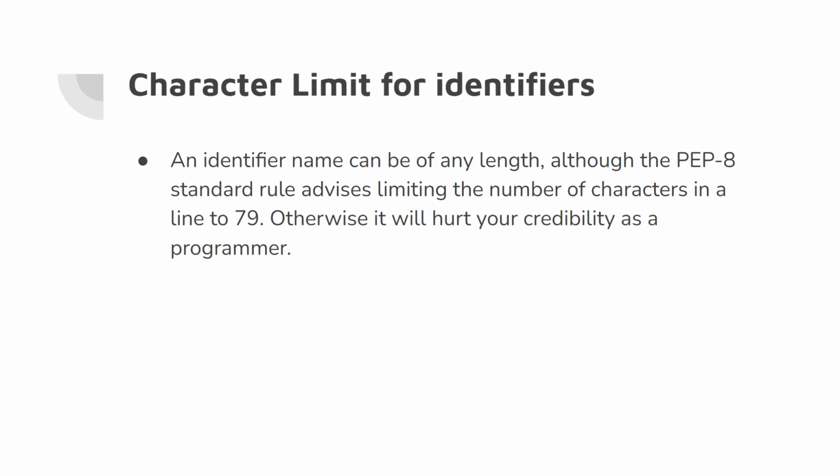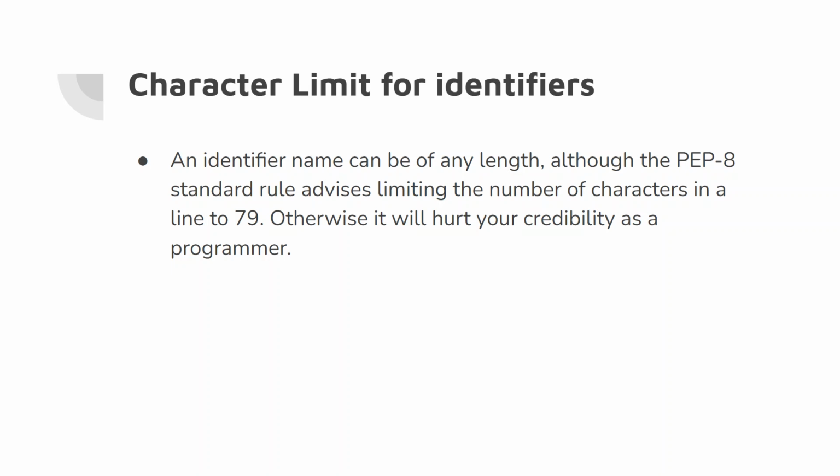What is the character limit for identifiers? An identifier name can be any length. Python is the only language where there is no limit, as per my knowledge, right? But PEP 8 recommends that you don't use lengthy variable names.